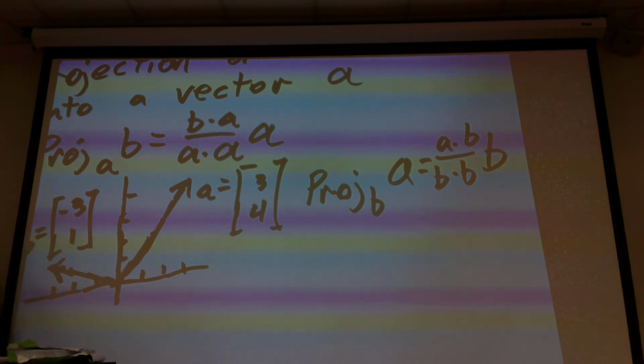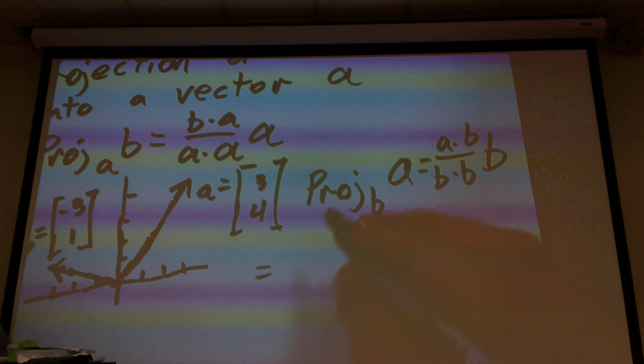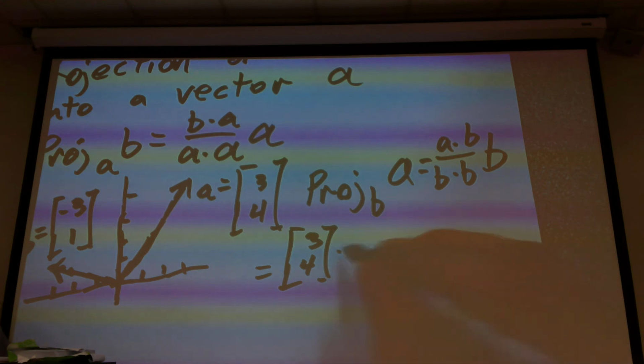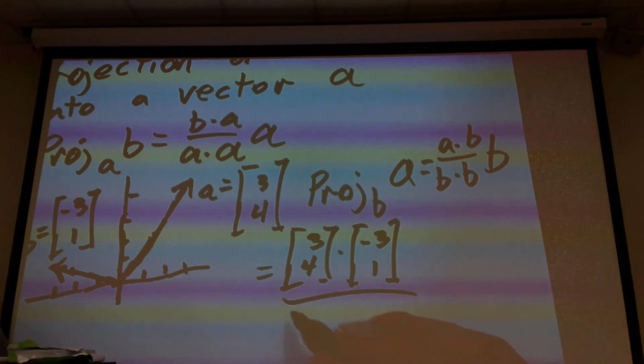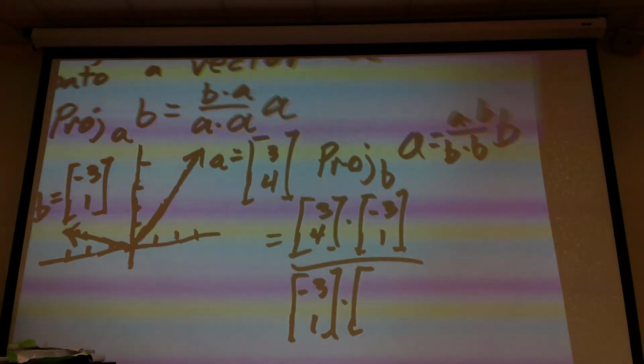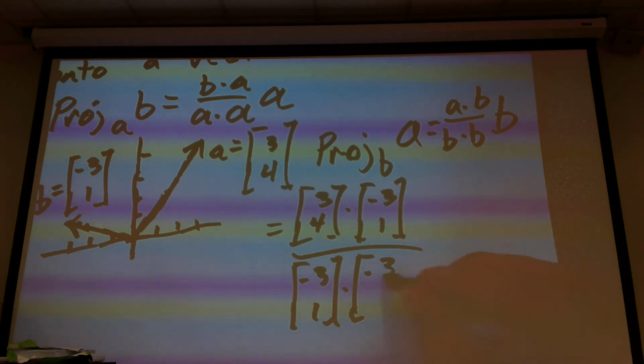Okay? So I can rewrite this as A, that's going to be 3, that's going to be 4, dotted with negative 3 and 1, now divided by negative 3 and 1 dotted with negative 3 and 1, and then multiplied by negative 3 and 1.